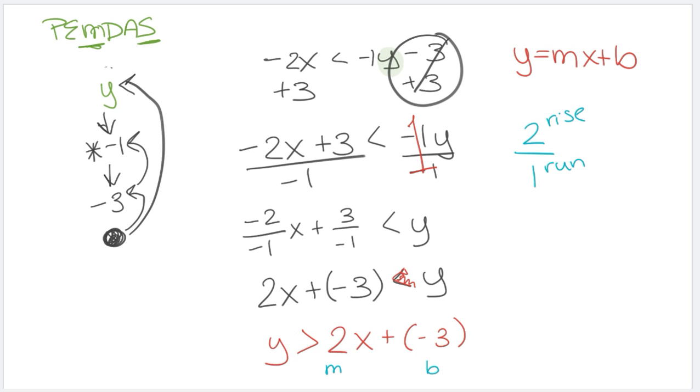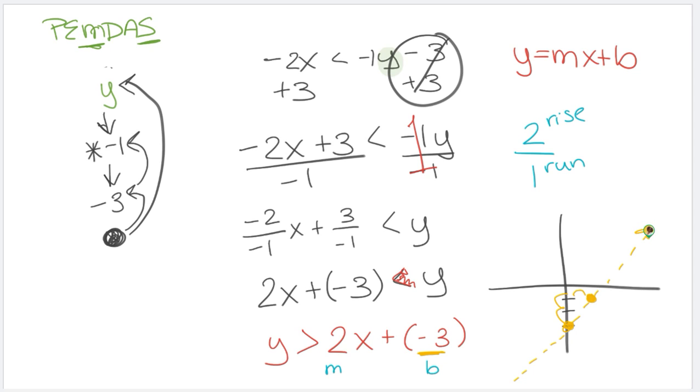Matter of fact, let me just try and draw this out real quick, right? So we have a dotted line. So we have our y-intercept at negative 3. I'll do that in yellow. Y-intercept at negative 3, right, for our b. And then we're going to rise 1, 2, and run 1. So our next point will be over here. We're going to do a dotted line because it's just greater than, not greater than or equal to.